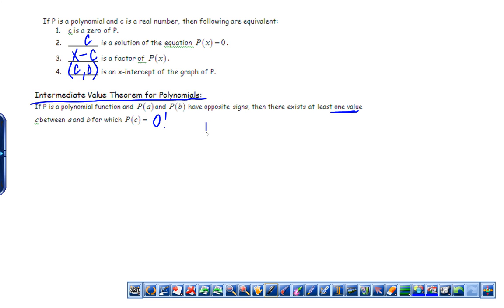Okay, let me do a little sketch here so it kind of makes sense. Basically, if I have an a and I have a b, and it says you have a p of a and a p of b. So you basically have a function that goes through this, and you have a p of a, so you have a y value, and you have a p of b, which you have a y value here.